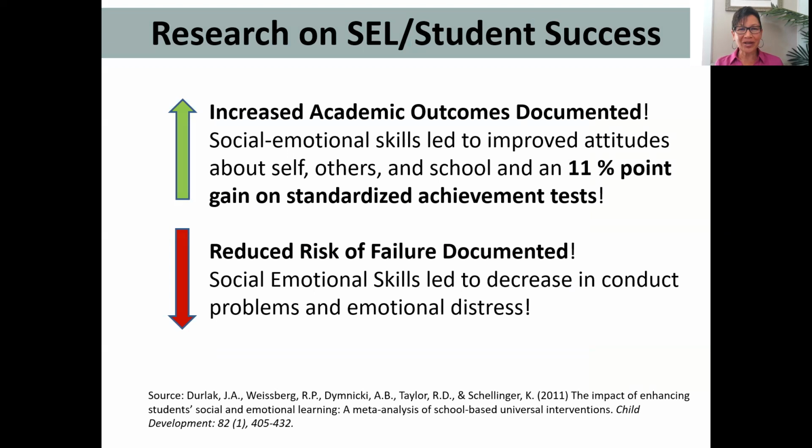All right, so as the video said, the research on social emotional learning has shown that students have an increase in academic outcomes and a reduction in the risk of failure, which is so important.